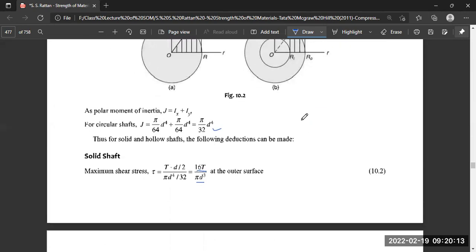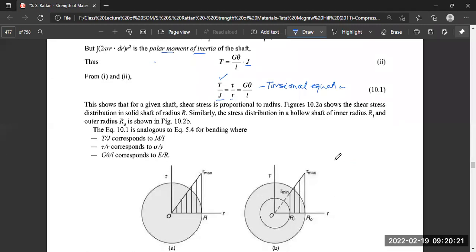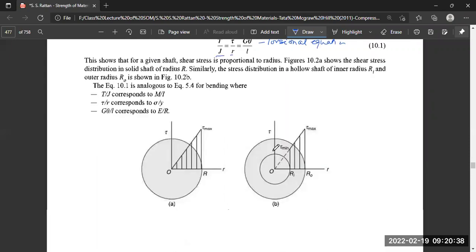Based on this torsional equation, we have investigated the torque and other aspects of a solid bar as well as a hollow bar. Here we are always discussing the round cross-sectional bar, which can be solid or hollow, though it is possible that it can have other cross-sections also.